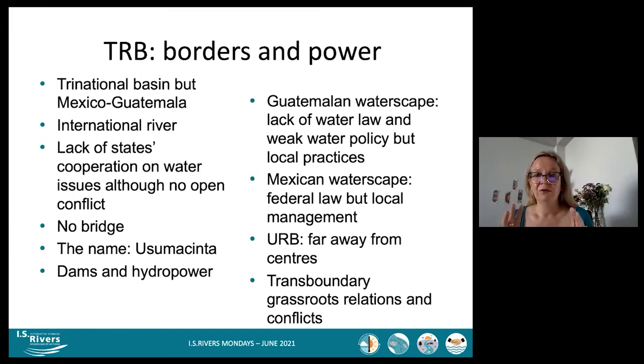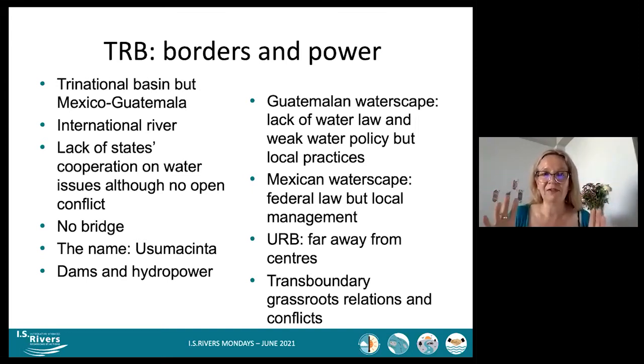On the Mexican side, the waterscape corresponds to a federal law, very structured policy that was inherited from a very centrally built water policy in the 19th century. But in parallel, we find local water management practices.